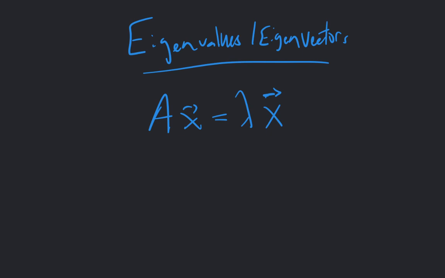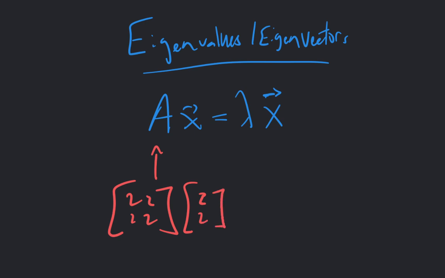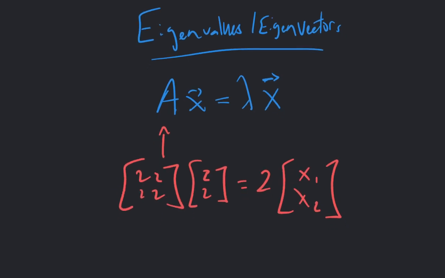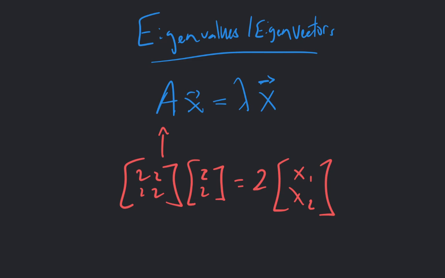But we basically have a matrix. Let's say it could be like a 2 by 2 acting on a vector, and this is equal to a constant times a vector. And this is just an example. These aren't actual terms.